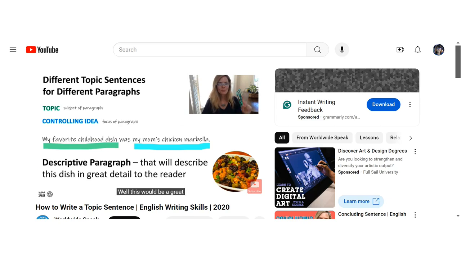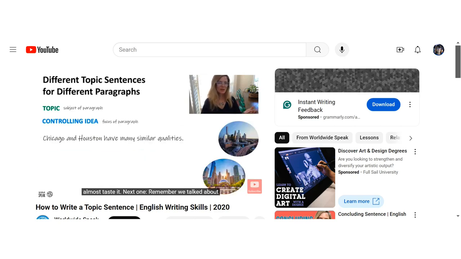Well, this would be a great topic sentence for a descriptive paragraph. And that paragraph is going to describe this dish, in my case, the chicken marbella, in such great detail to the reader that they can almost taste it. Next one.